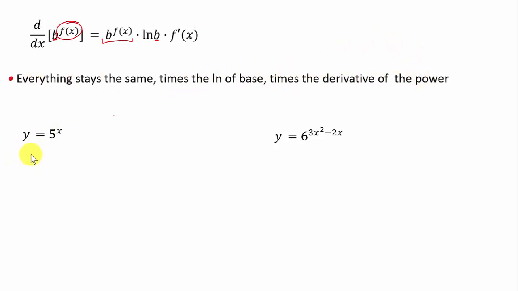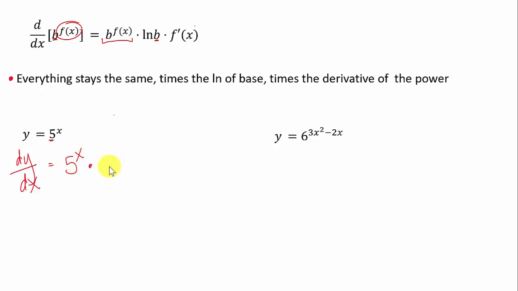So let's just look at 2 real quick examples. We want to take the derivative of this. Notice I don't have e as a base, I have a number as a base, and then I have a variable in my power. Now this power is very simple, just x. There's not more going on. So let's look at this one first. We get dy/dx, and we're going to keep everything the same, 5 to the power of x.